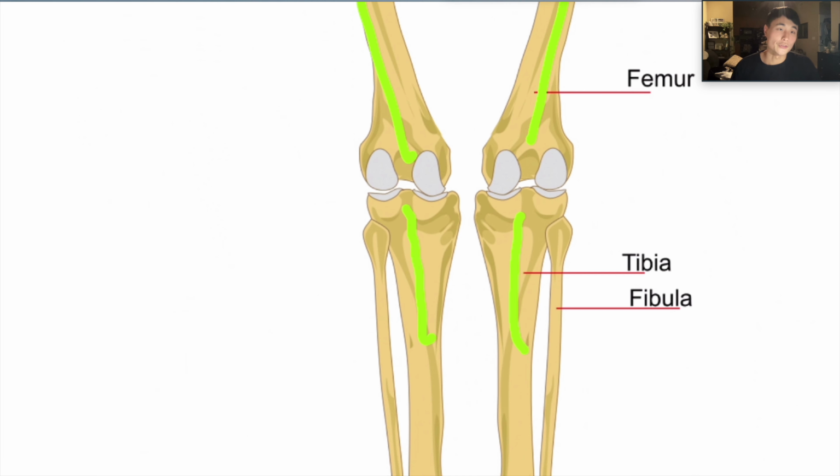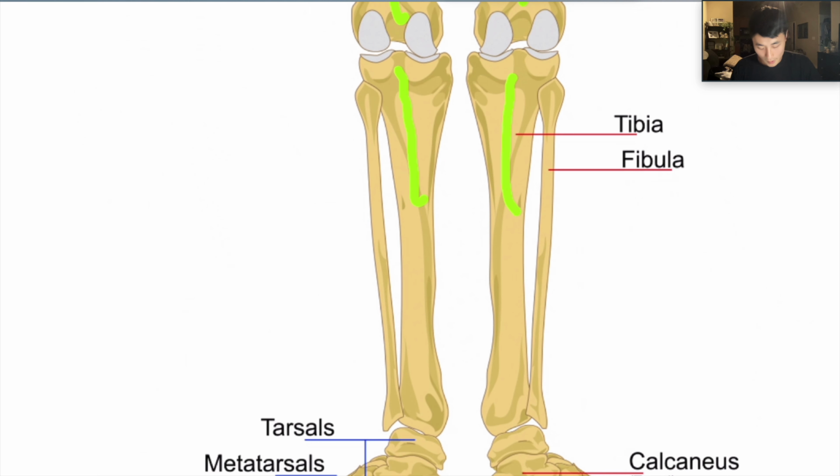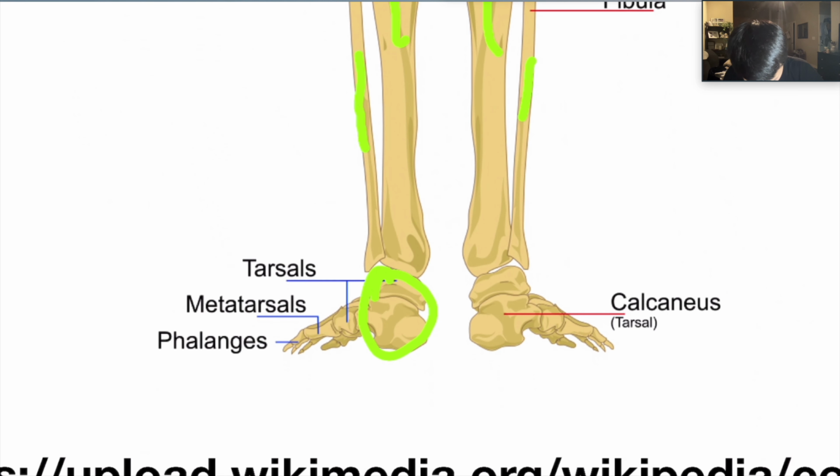That means most of the weight goes to the tibia. And then there's the fibula, tarsals here, metatarsals, and phalanges. Just like we talked about, this is a talus bone that attaches to the tibia and fibula, and this is the calcaneus, which takes up most of the weight of the body.